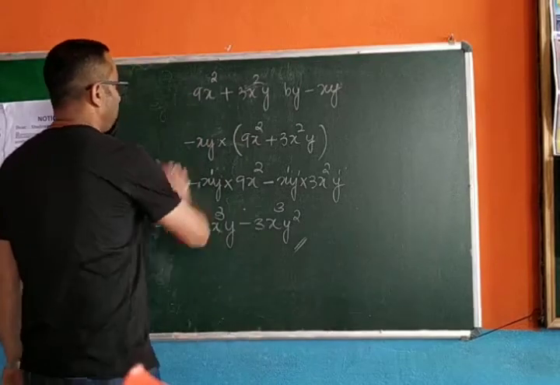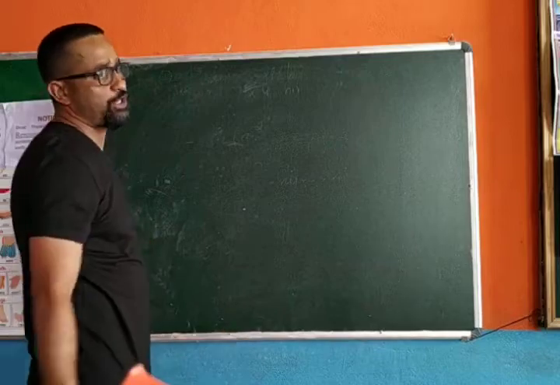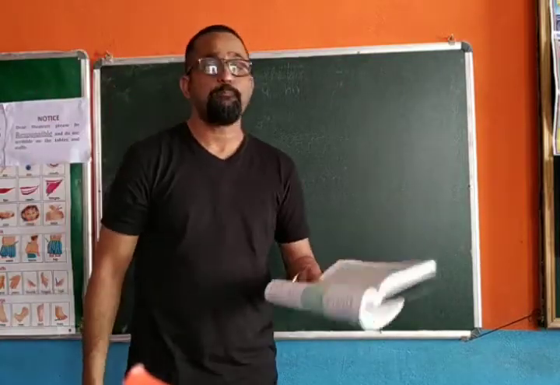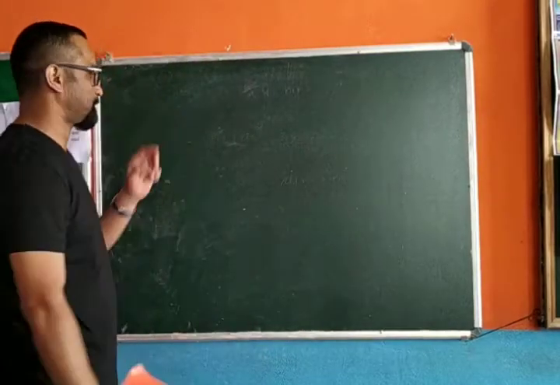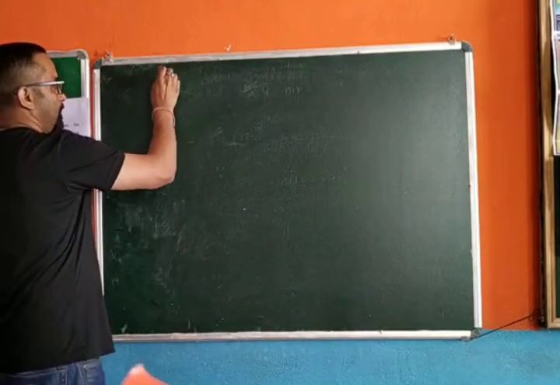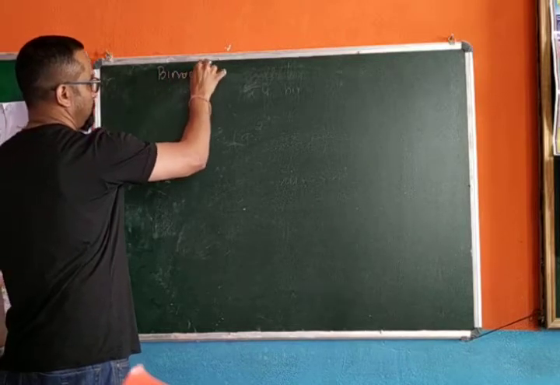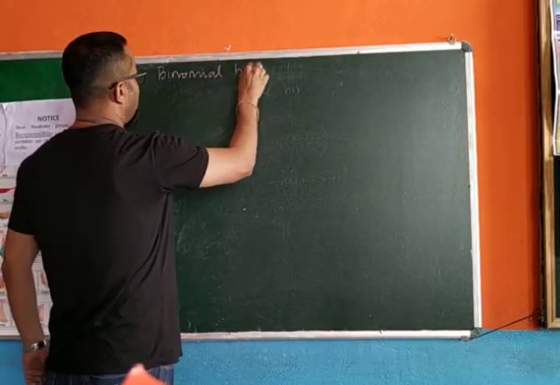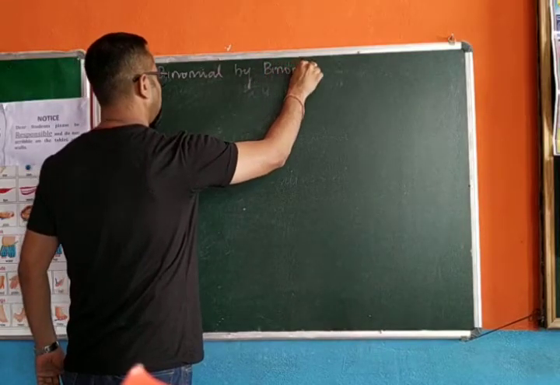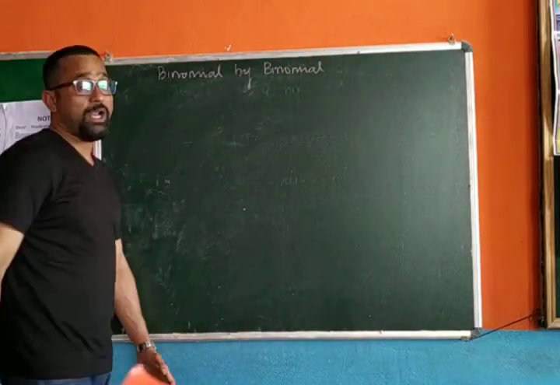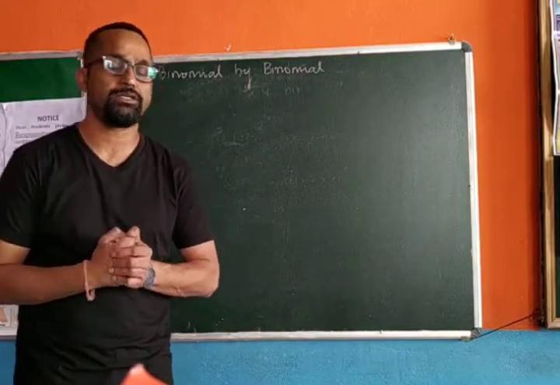The third one is multiplication of binomials, two binomials. Binomial by binomial. Again, there are two methods by which we can multiply it.